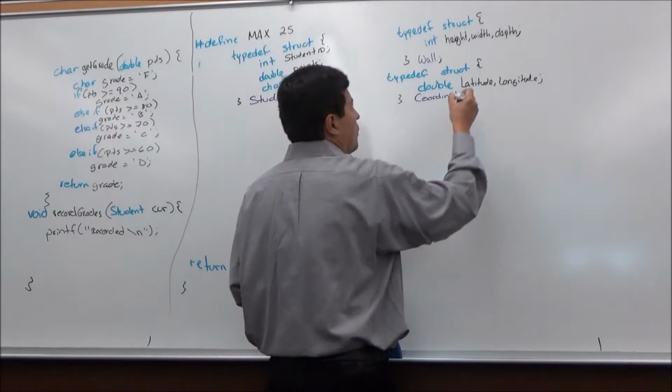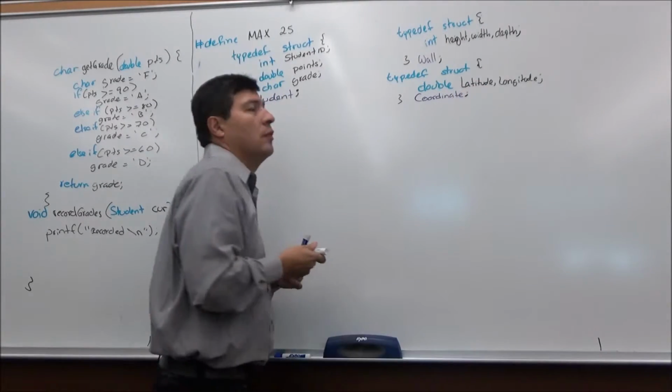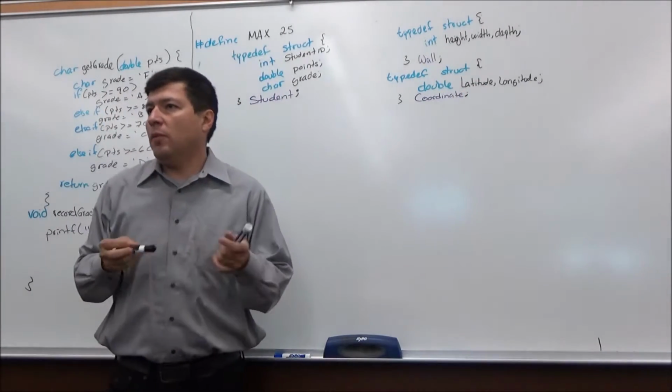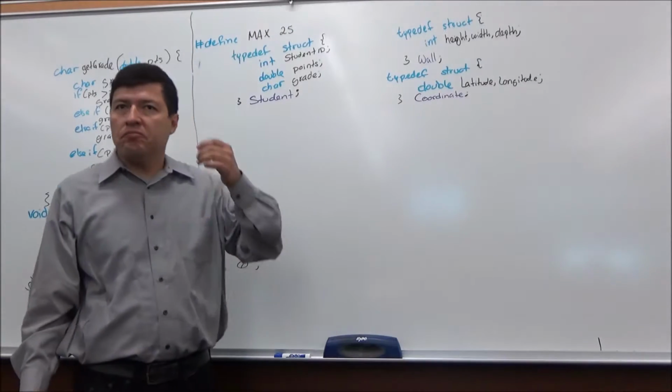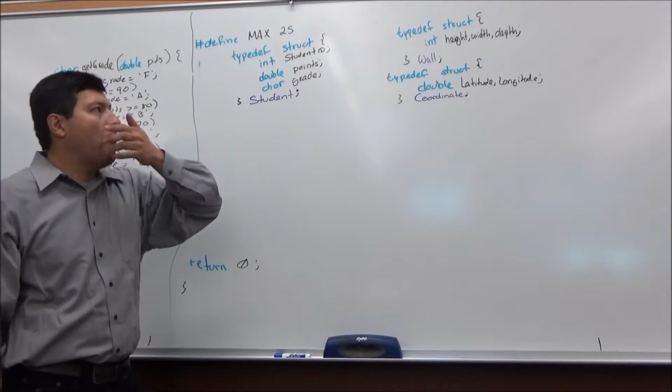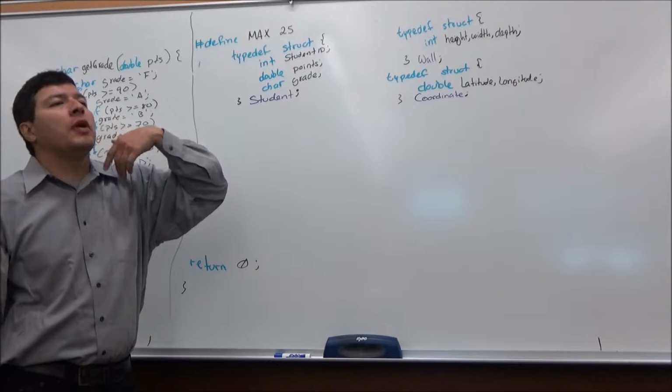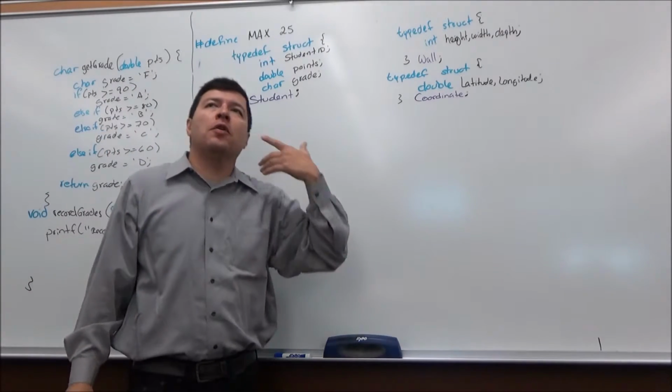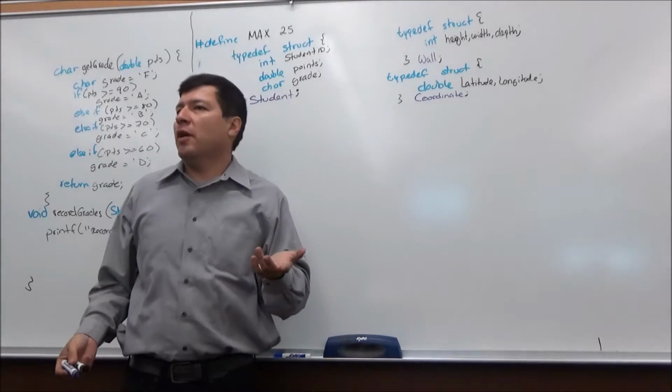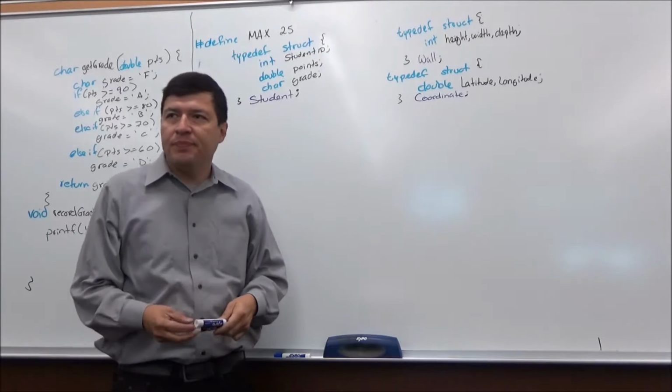You can make a structure that has 2 doubles, a latitude and a longitude. So you can make a method that instead of taking 4 doubles, it'll just take 2 coordinates. Make sense? Easy.